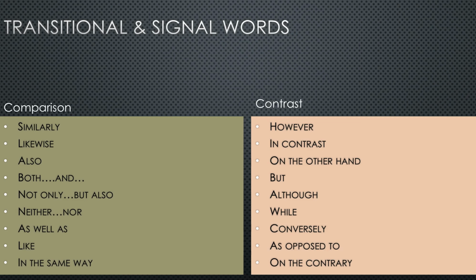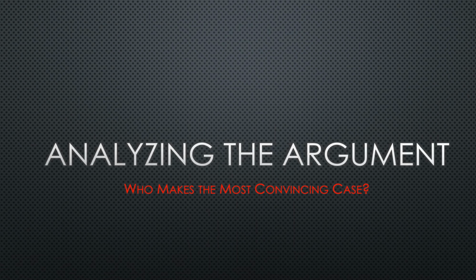So in comparison, you could say, similarly, the restaurants have great options. However, parking at restaurant A can be very troublesome and stressful. So like that. Okay? So now for the next part is analyzing the argument.